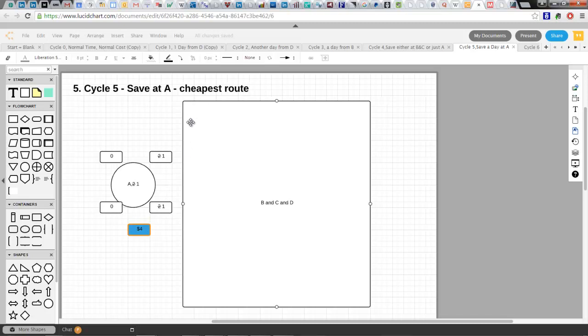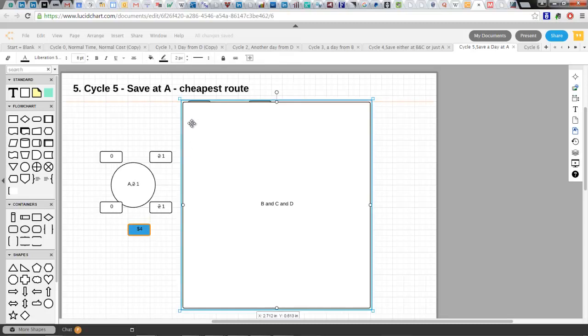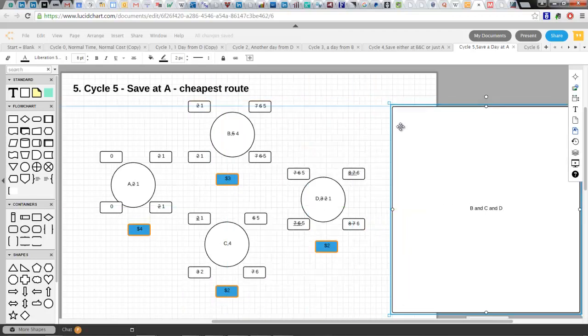And if you really want to see what would propagate through the system, we'll take the cover off this for a second, and we'll see that because we struck a day here, we have to show that we struck a day through all the rest of the activities. The day savings was at A, but because we're finishing on day 1 instead of 2, all the times change in the network because everybody gets to start earlier now that we bought a day from A.